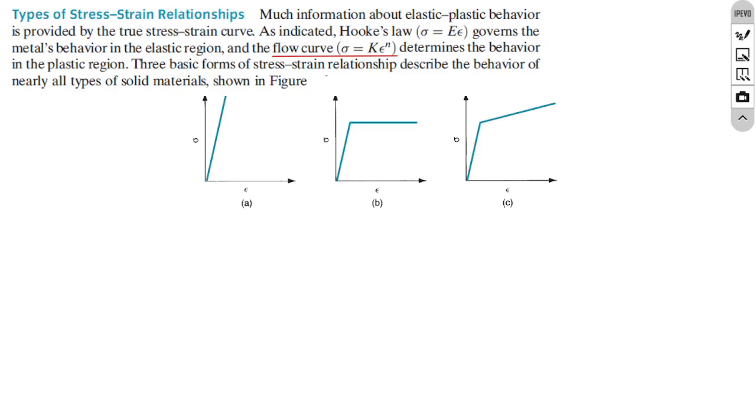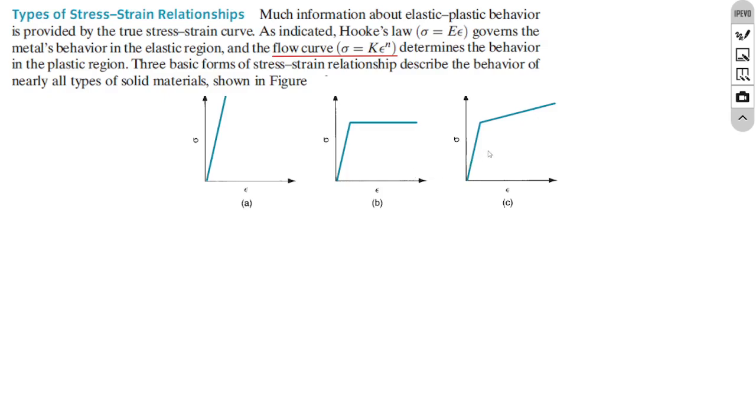So by analogy, this curve is called the flow curve. If someone says flow curve, it means the equation written for finding the stress using strain, or vice versa. True stress is equal to the strength coefficient times the n power of true strain.